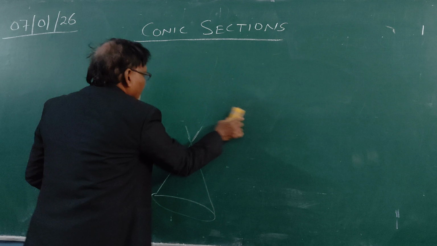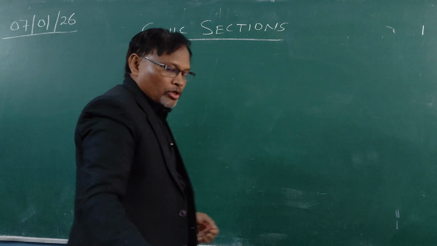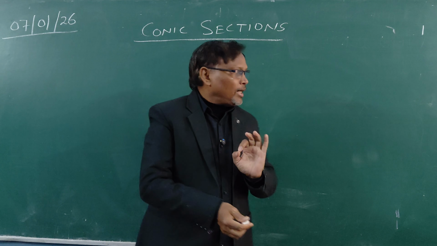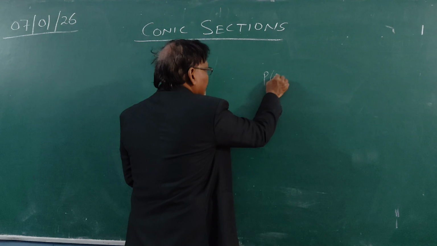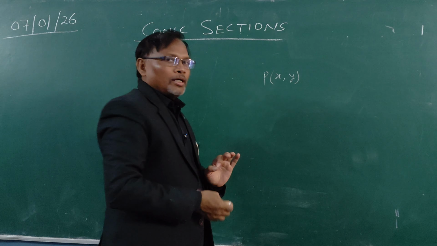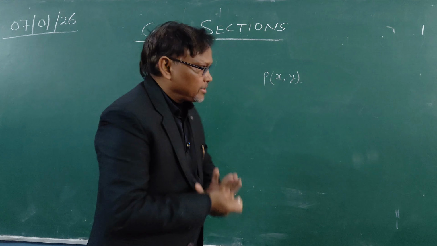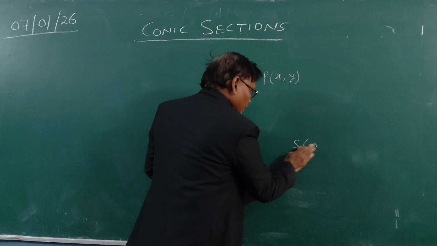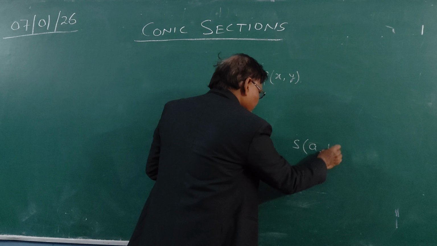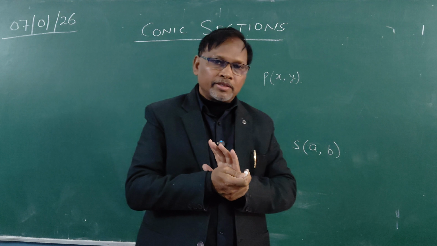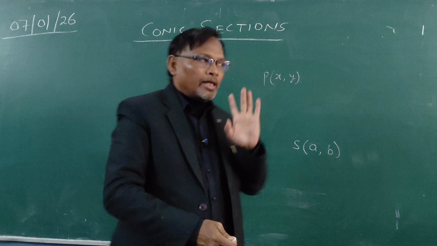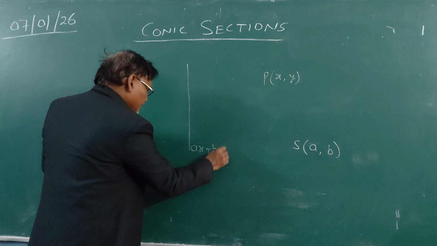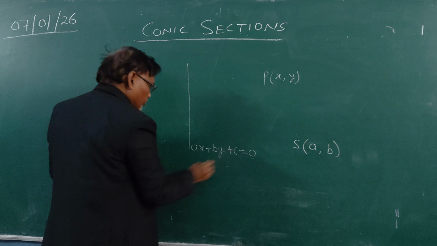Before that, the definition of all types of conic sections. If we have a movable point P(x, y) and a fixed point S, that is (a, b), and a fixed line, that is ax plus by plus c equal to 0.